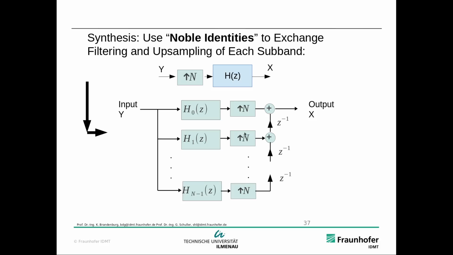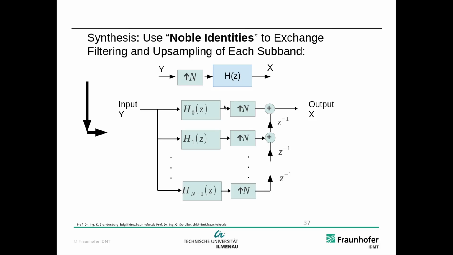Then we do the upsampling, and then we actually have the delays, and here we can see summations for the output. So you can see each of those branches upsamples and reconstructs a certain phase of the output. So this is reconstructing phase number 0, this is reconstructing phase number 1, and this is reconstructing phase number capital N-1, and then they are put together in this delay line, in this delay chain, and this delay chain is then clocked out at the higher sampling rate to this output.